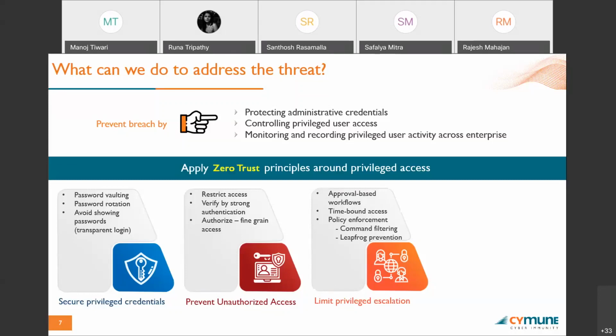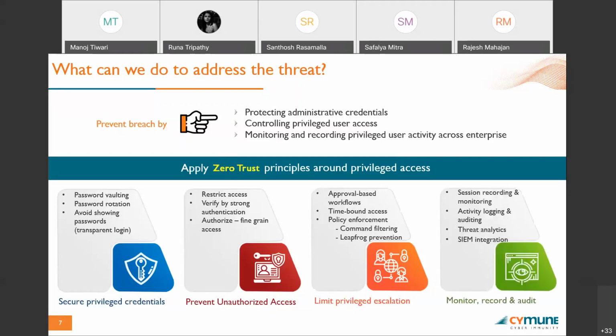So this is how you can limit his privilege escalation. And in the end, if you have all of this, you can have some kind of monitoring and reporting or the audit. So you will also have the audits where you can have the accountability linked for any privileged generic user to a particular administrator, right?